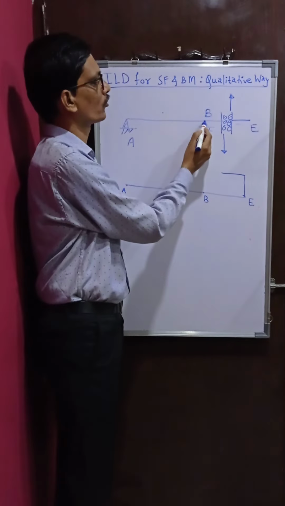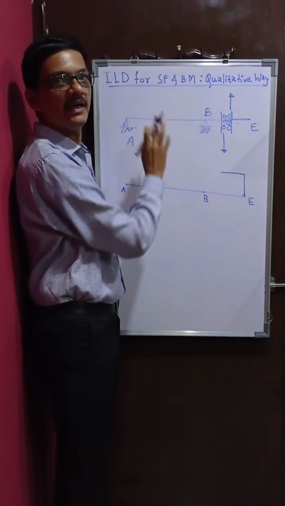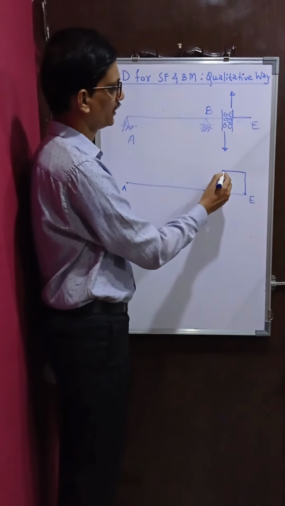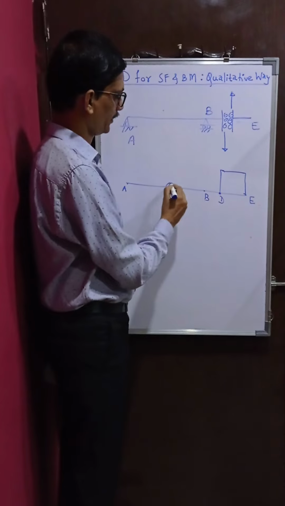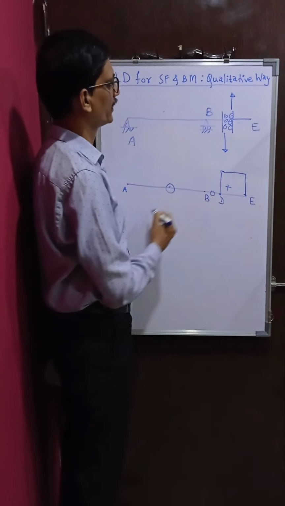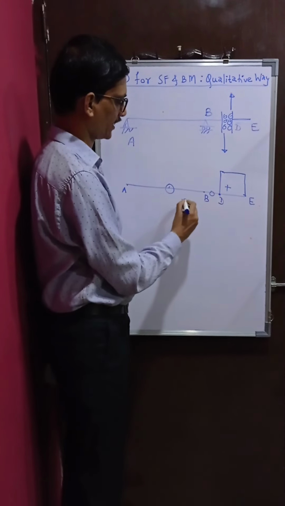Of course it can rotate here, but for this to come down, this part has to bend, and bending is not allowed, and therefore the influence line diagram is only up to this. That's all. And this total becomes 0, and this is the influence line diagram for FD, that is shear force at D.